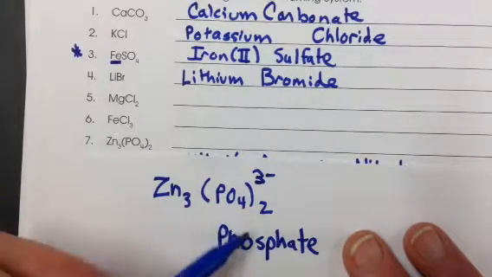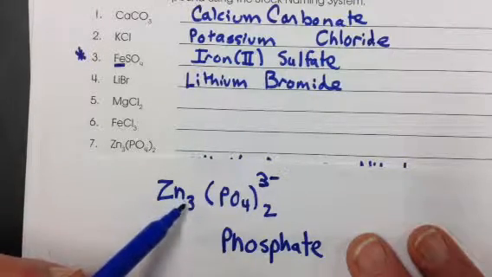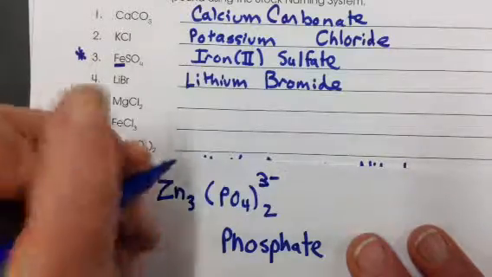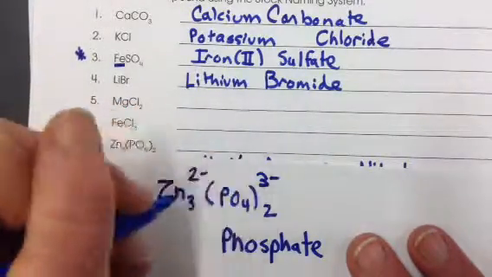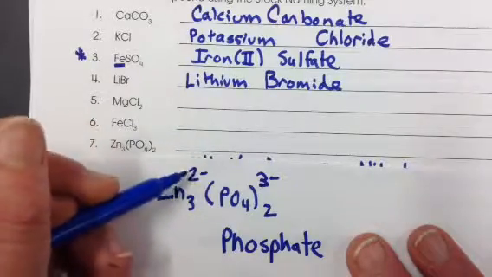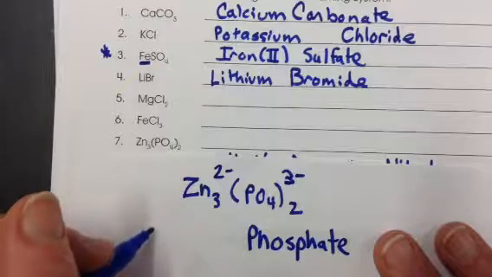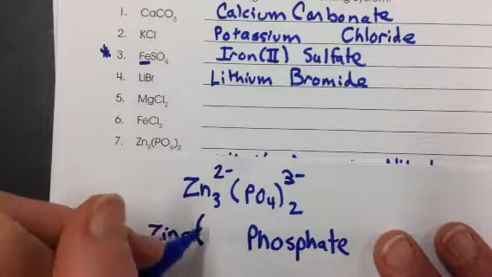Okay, so let's be a sleuth. If we did the swap and drop, 3 came down to here. Ooh, so what would have had to have come down to here? It doesn't look like there's any reduction since these two are the same, so this would have been a -2. So the name for this one would be zinc, parentheses.